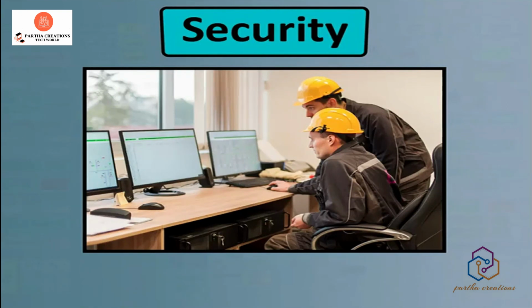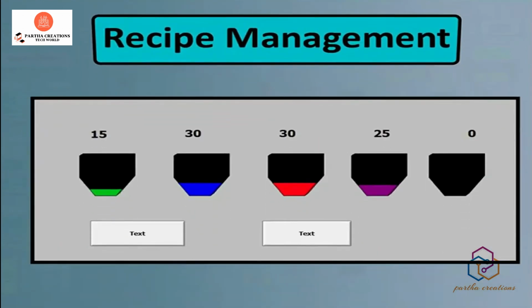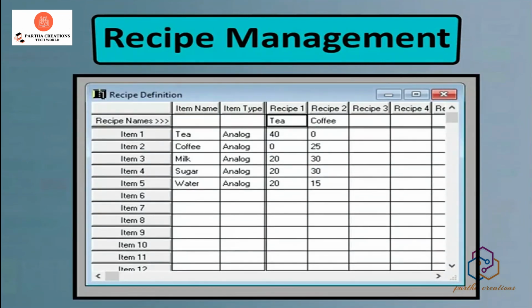The next feature that SCADA provides is recipe management. What is recipe management? What is a recipe? The name recipe indicates mixing different kinds of ingredients in different quantities through particular methods to make a particular material, helping you make final products of different kinds.